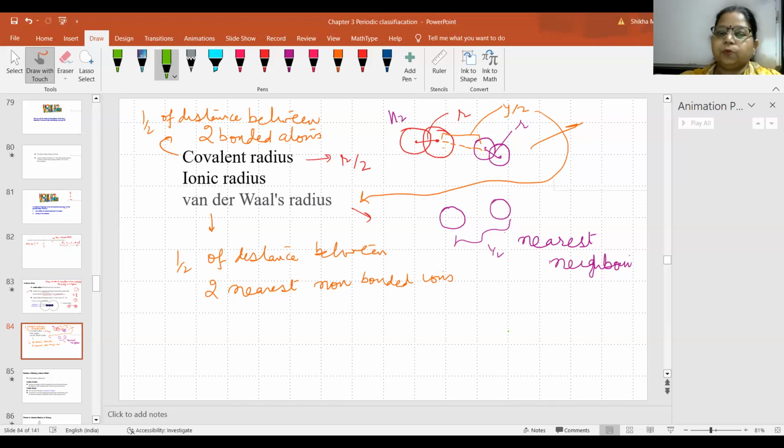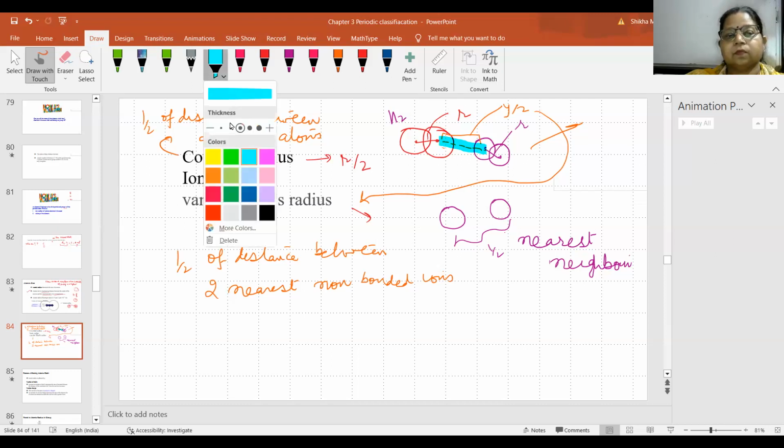Let me explain it to you. When the atoms are bonded, that means they are attracted more towards each other, right? So when they are attracted, the distance between the two atoms is going to be smaller. But when they are not bonded, this distance seems a bit larger than this distance.